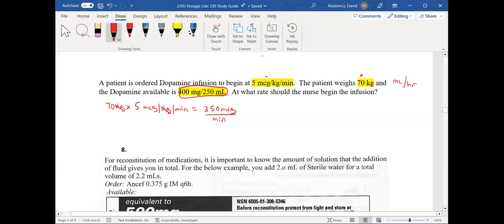So I'm going to do this in a very stepwise fashion, utilizing dimensional analysis, just so I can show you what's happening here and explain my thought process when I'm trying to figure out a question like this. I know that I'm trying to get to milliliters per hour. That's the end goal.